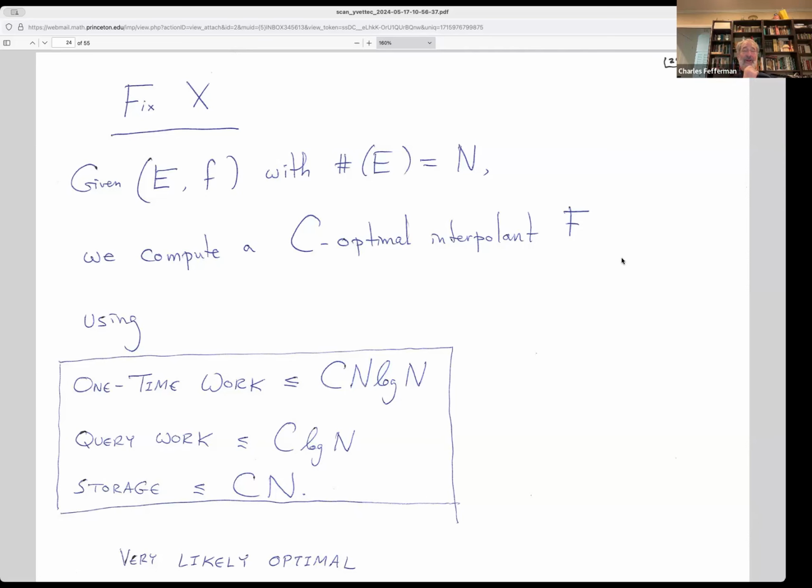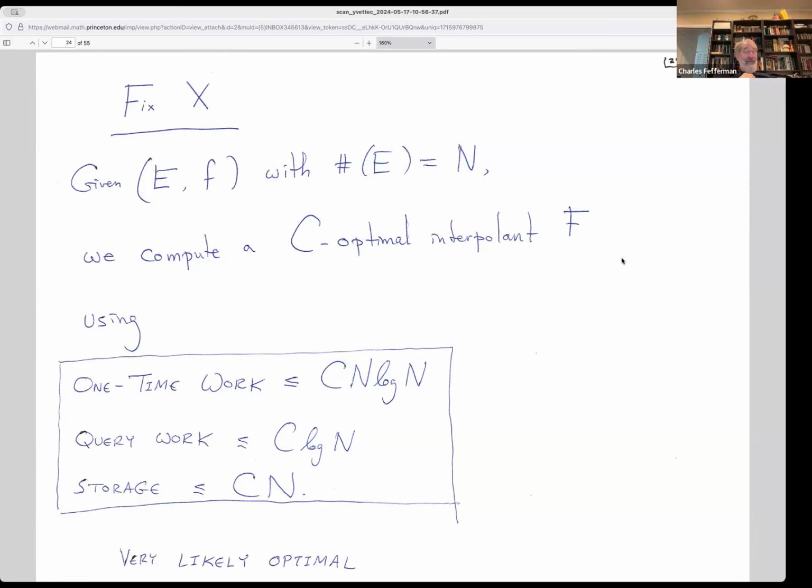How about the query work? To read a query presumably takes work 1. To answer a query also takes work 1. So I guess the query work is at least 2, and here it's at most logarithmic. How about the storage? You had better store the problem, because if somebody asks you what your interpolant is doing at a point of E, you had better remember what the given function f is at E. So you'd better store the function f.